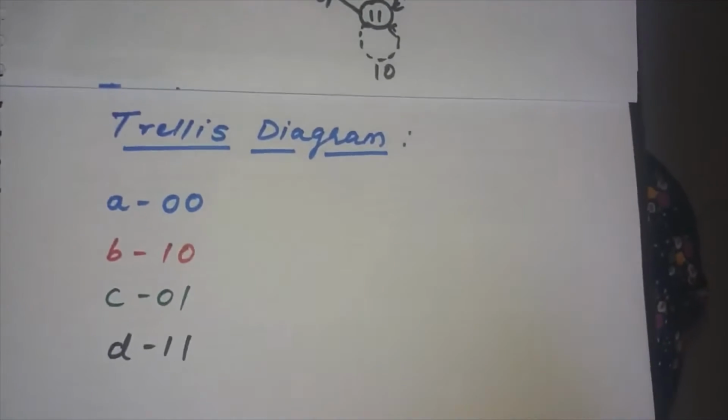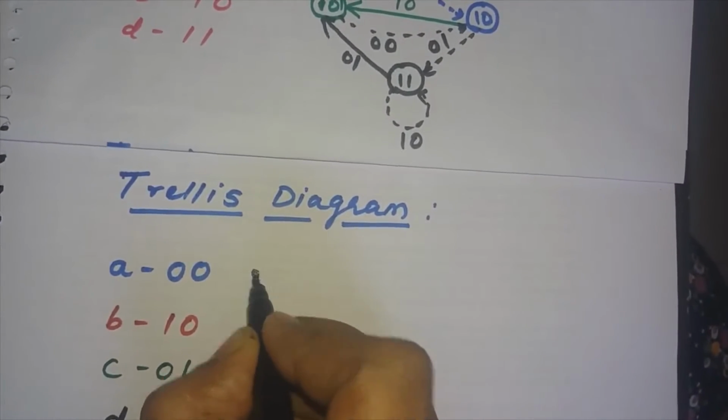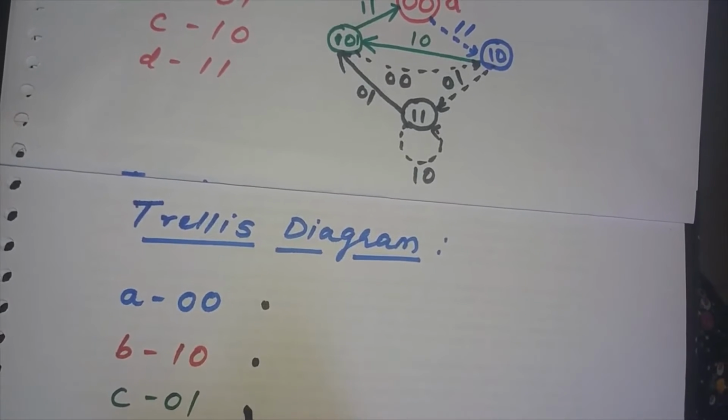For the trellis diagram, we need to draw a grid of dots for each state.